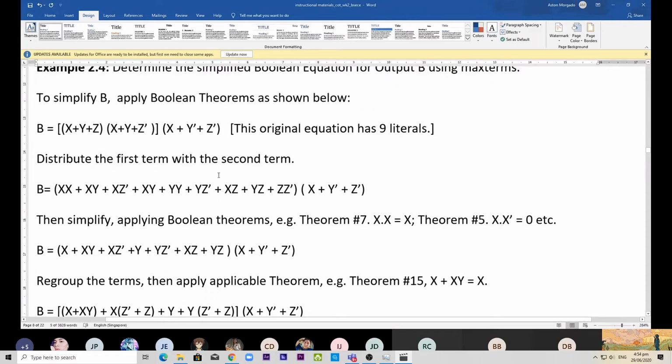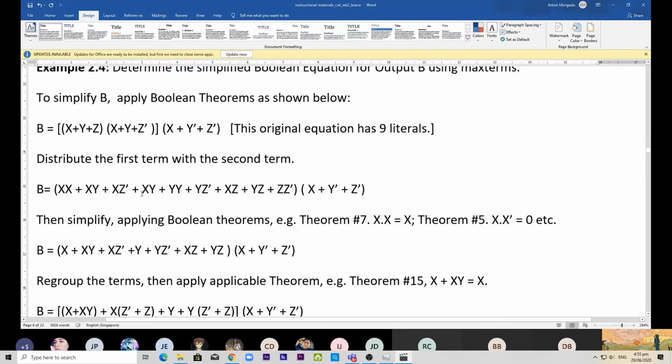Then we simplify, applying various theorems. x times x is x, x times x prime is 0, y times y is y, and zz prime is 0, so that is eliminated. So we have x plus x, which is x. Then just copy xy, xz prime, xy.